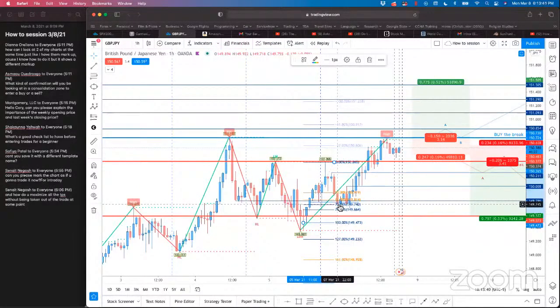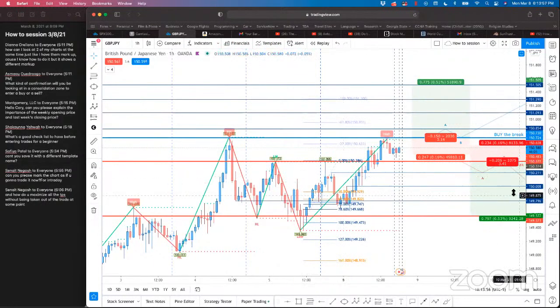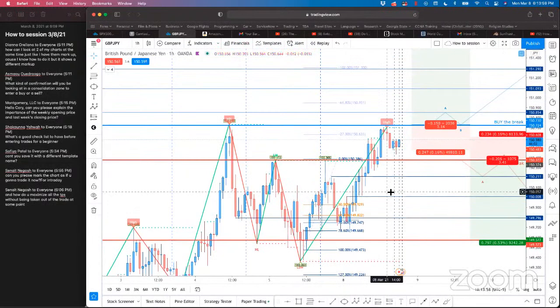And the way I use my fibs to get my targets too, right? If I entered around here, my first target would have been 0, right? My 0 would have been my first target, and I would have taken a big chunk of my trade off right there, right? And then my next target would have been negative 27.